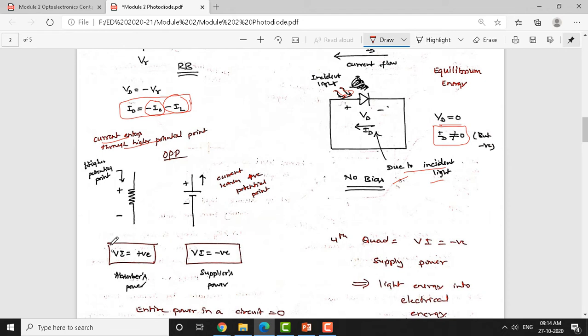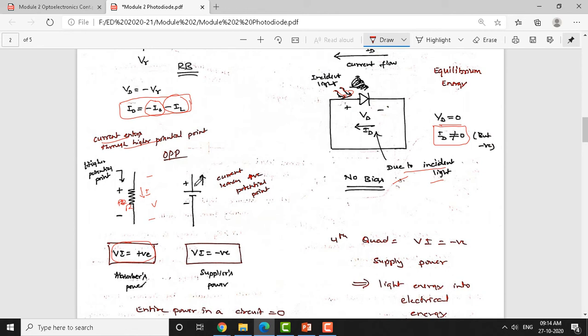So, the VI product of the current flowing through this and the voltage across it will usually be positive for the resistance material.